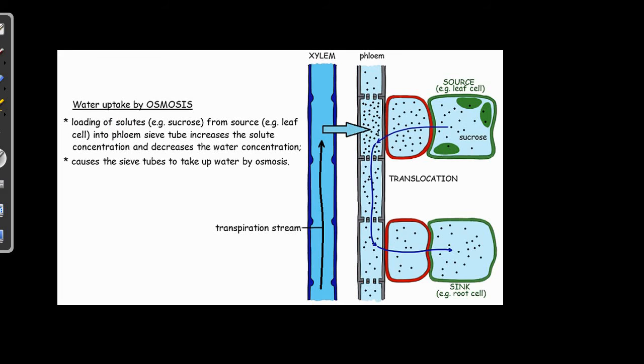So the loading of solutes, that is sucrose, from the source cell into the phloem sieve tube has increased the solute concentration and decreased the water concentration. Because of this, the sieve tubes have to take up the water by osmosis, and the xylem is right next to it, so they will take the water through the xylem.